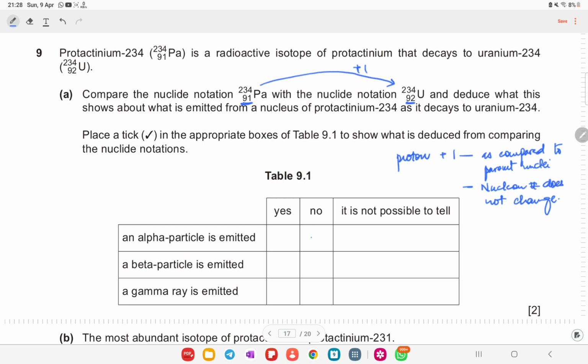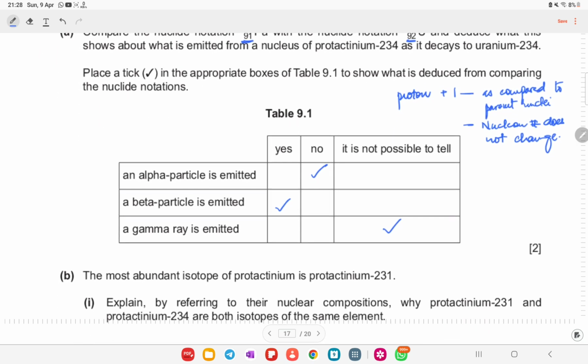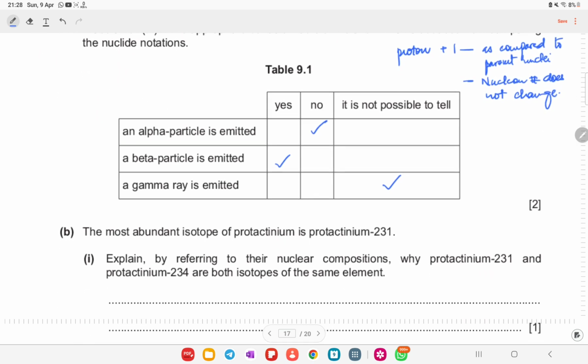So in this case, an alpha particle cannot be possible because it's an addition of +1. It's not possible to tell because the required information is not complete.